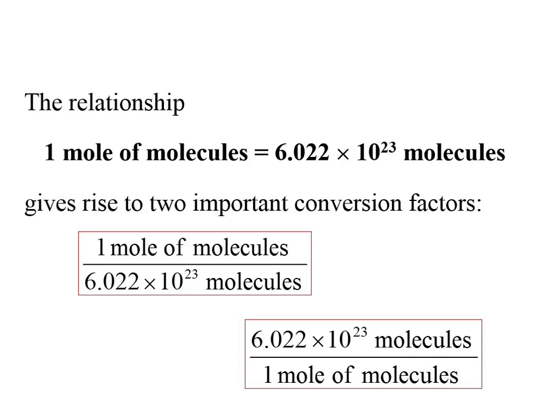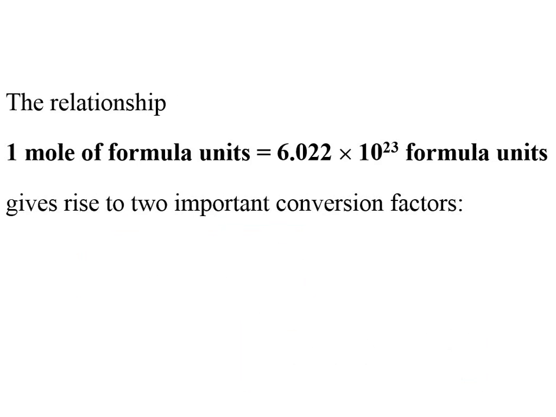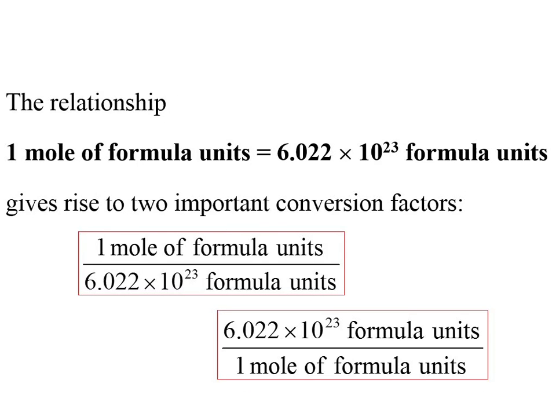Okay, so you don't have to write anything down. And the next slide is similar, but instead of molecules, it's formula units. So if you have an ionic compound, again, it's a little bit semantics. So if you have an ionic compound, the repeating unit is a formula unit. So for ionic compounds, 1 mole of the repeating units, formula units, is equal to 6.022 times 10 to the 23rd of those. All right.